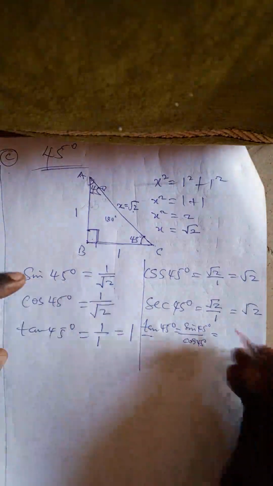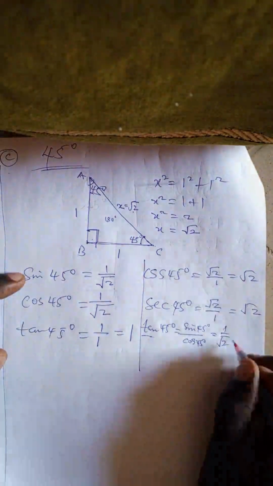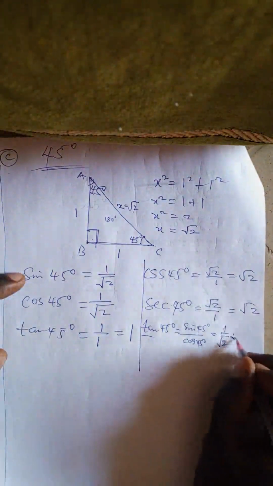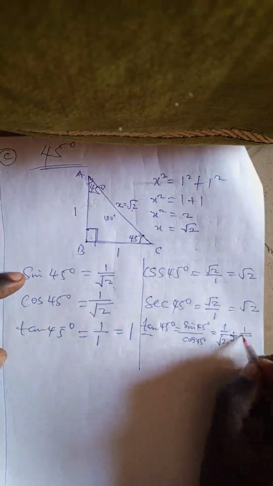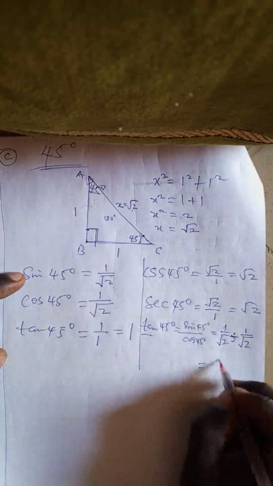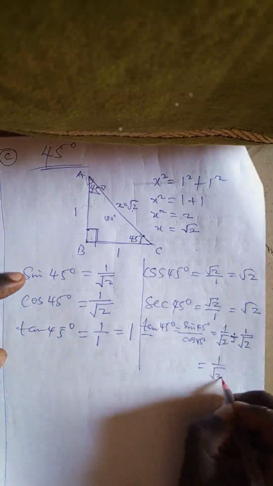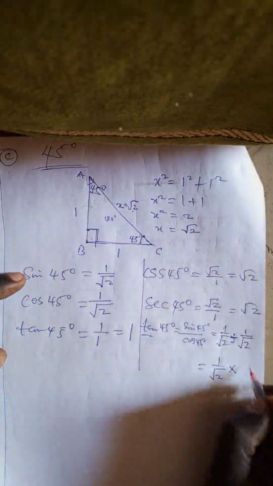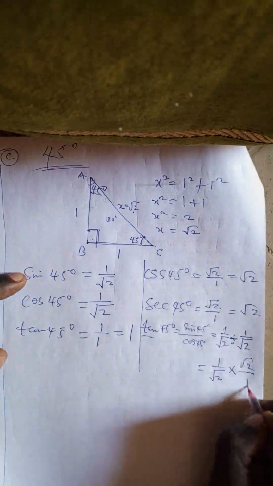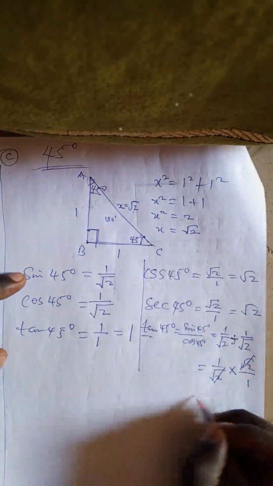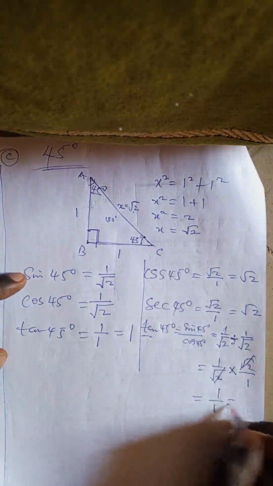What is sine 45? 1 over square root of 2, divided by, what is cos? It is 1 over square root of 2. But we can say 1 over square root of 2 times, we take the reciprocal, root 2 divided by 1. So root 2 will cancel root 2, and so we have 1 divided by 1, and the answer is 1.